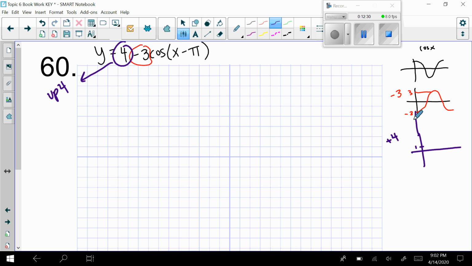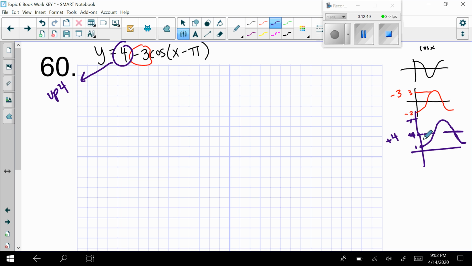And I'm going to be going all the way up to 7 with my midline here at 4. So I'm starting at 1, going up to 7 and back down to 1.